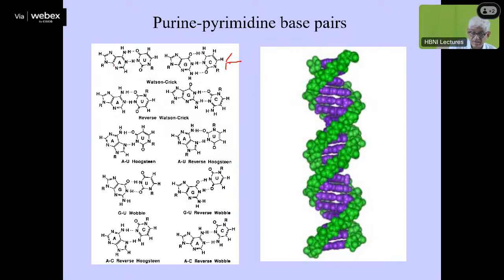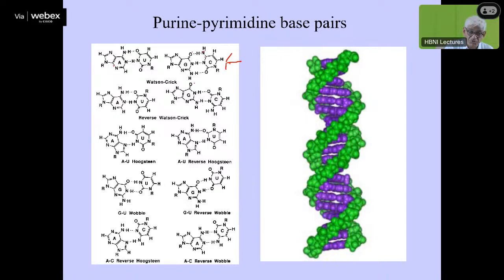Now, there is a reverse Watson-Crick. In reverse Watson-Crick also, it is the same 6-membered rings which are involved, but it is different atoms which are involved in the hydrogen bond. For example, you see here in this GC, this oxygen is involved in the hydrogen bond formation. In this case, this oxygen is not involved in the hydrogen bond.